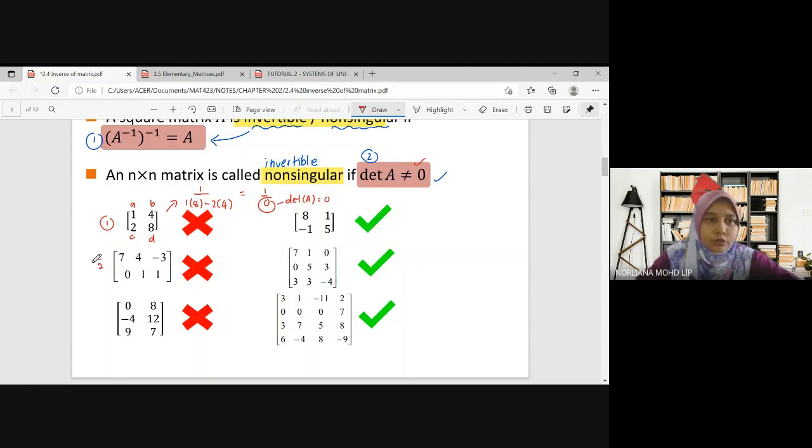Number 2 is not an invertible matrix because it is not a square matrix. Number 3 is also not a square matrix.